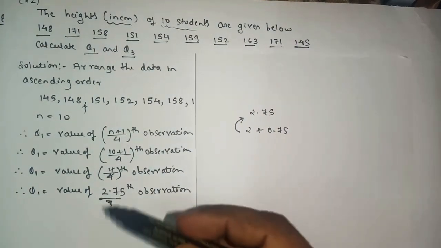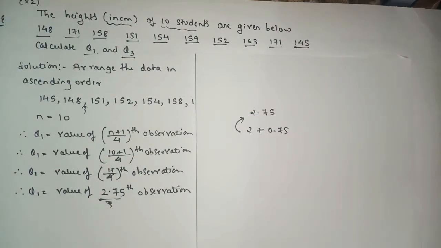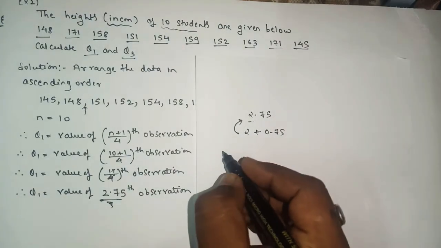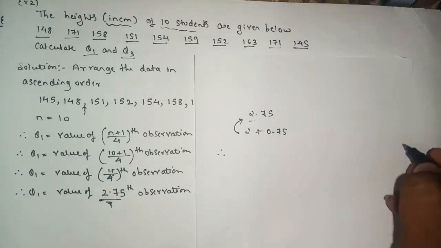So now I'm showing the method how to find the answer further. Whenever you come across a decimal form like this, and want to find the value of Q1 or Q3, just simply break the number and see how I frame the formula.